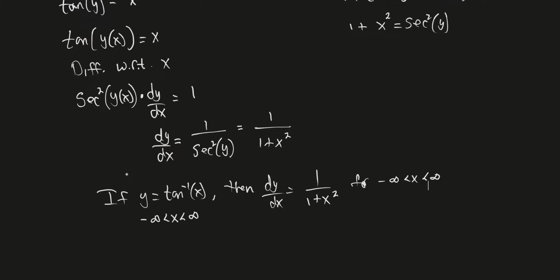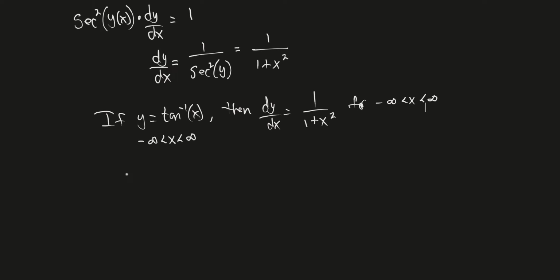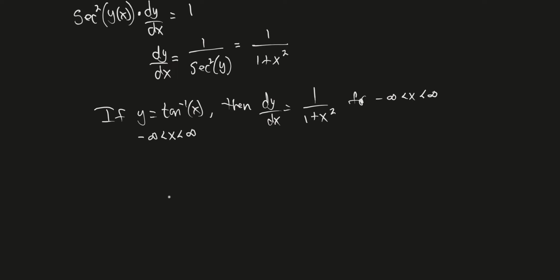Okay, so let me just state the remaining ones. I'll go ahead and write these down. We did arcsine. In fact, let me state all 6 together, as a summary.